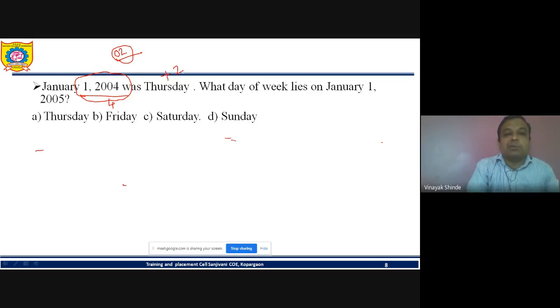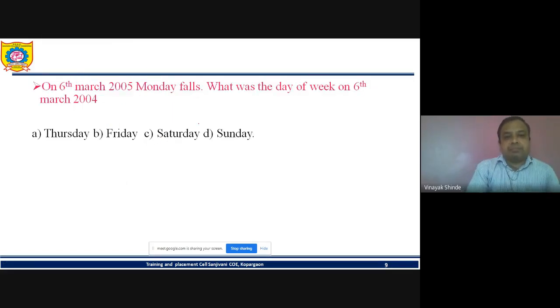Thursday plus 2 days: Thursday, then Friday and Saturday. Option number C is right. Just add the odd days and you will get the correct answer. Go for the next.